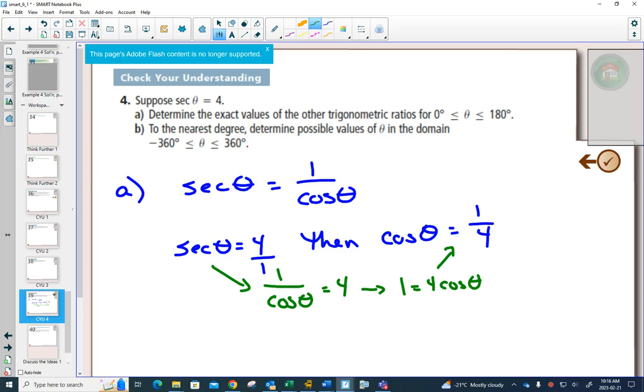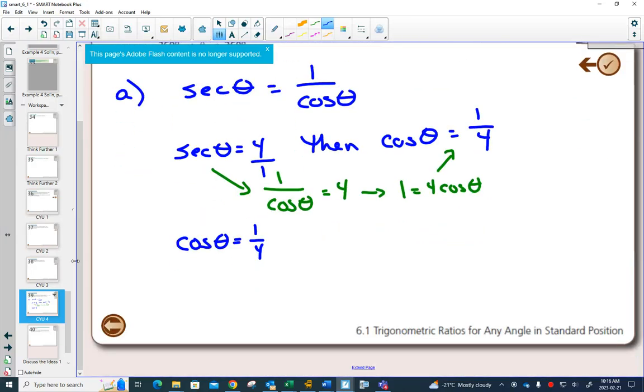And that's the exact same equation, but the nice thing about cos of theta equaling 1 over 4 is now we have changed this into a grade 11 trig question that you've done before. How do you solve for theta if you have cos of theta equals 1 over 4? A little review of grade 11.